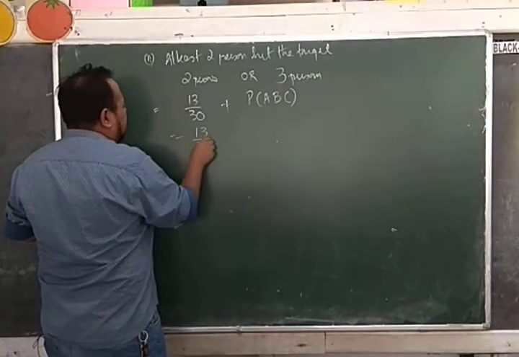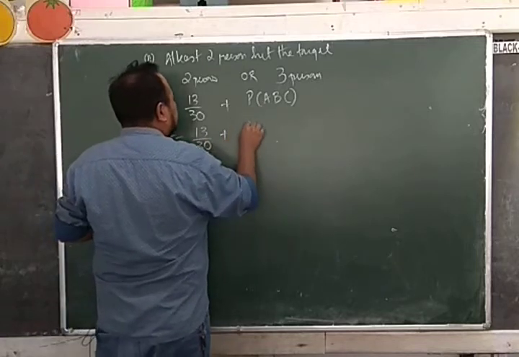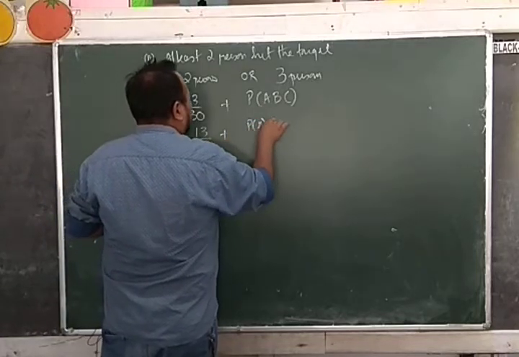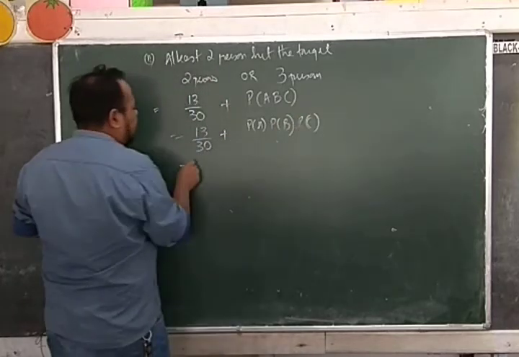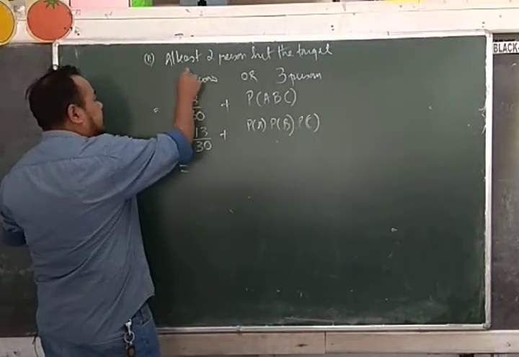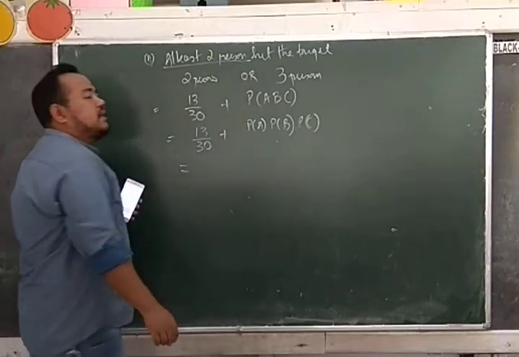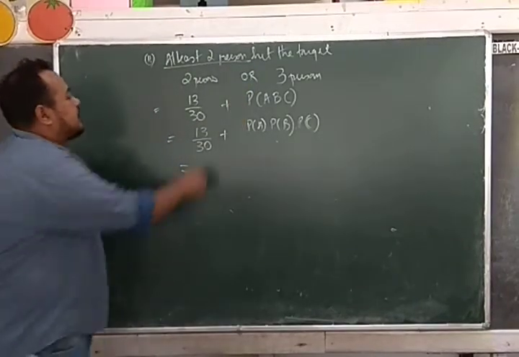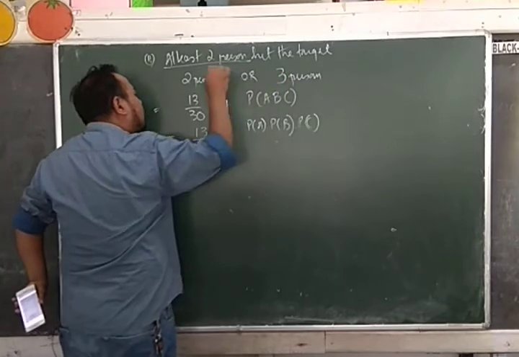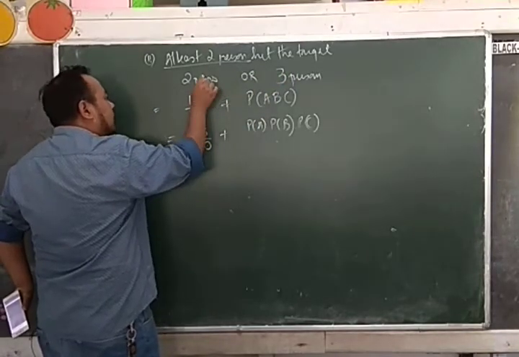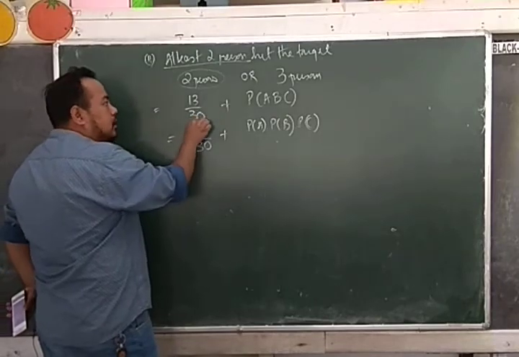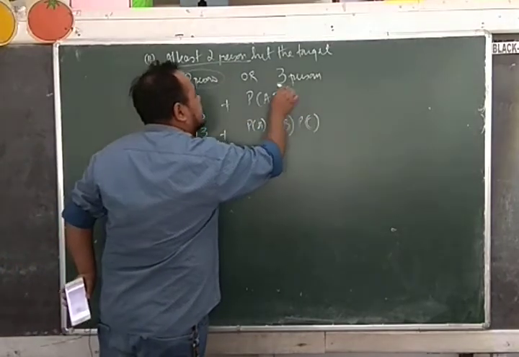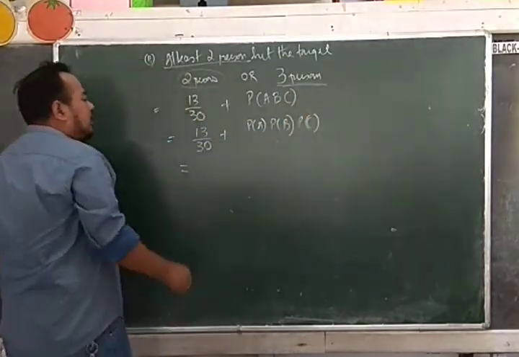So you get 13 by 30 plus probability of A into probability of B into probability of C. Once again, if you have problems understanding, at least 2 persons hit the target means either 2 or 3. We have already calculated the probability of 2 persons hitting the target, that is 13 by 30. So to this we have to add the probability that 3 persons will hit the target.